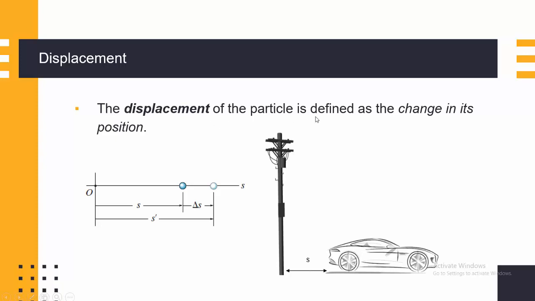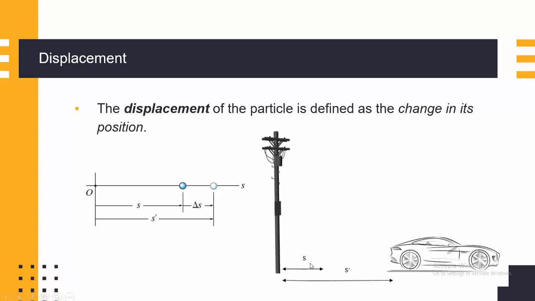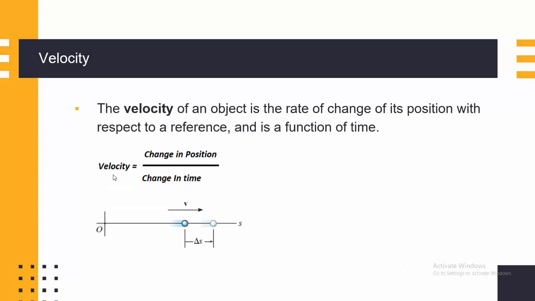So displacement of the particle is defined as the change in its position. In this example, the car is located at the distance s. If the car is moved to s dash, then the difference between s dash and s is the displacement. The unit for displacement is also meter.